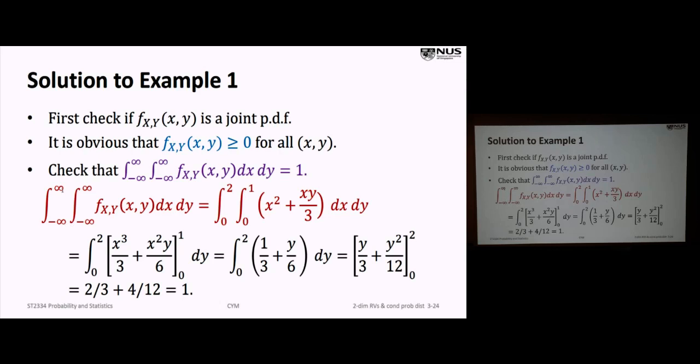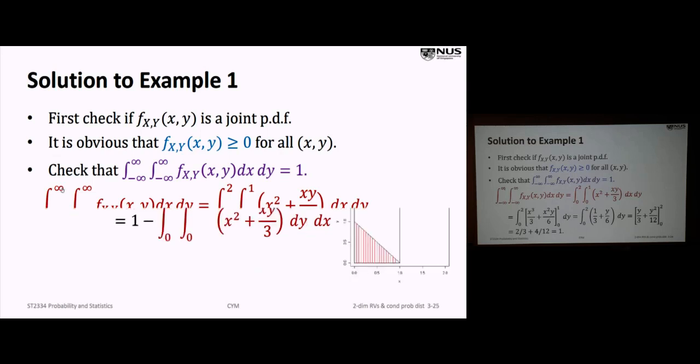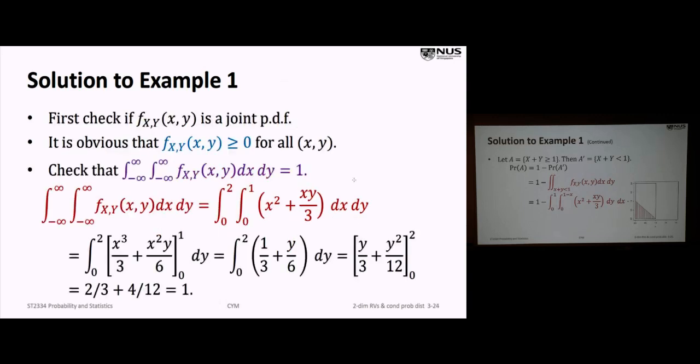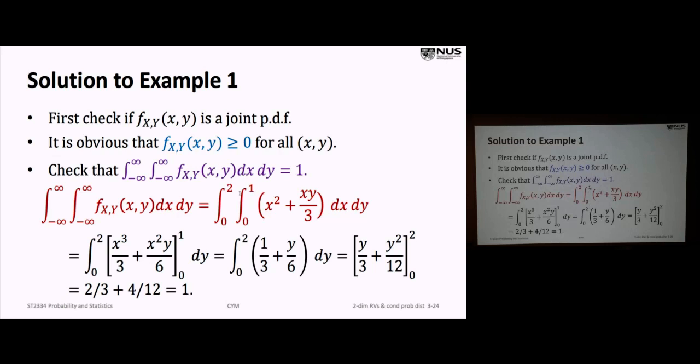Now the key point is that the probability density function is precisely 0 outside this rectangle, so we only need to integrate over this rectangle. So x goes between 0 and 1, and y goes between 0 and 2. This is the f of x, y that was written on the previous slide.